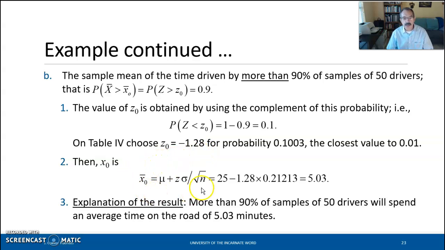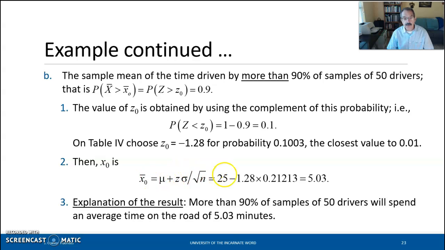Now we use this formula, the same procedure we did in chapter 6. The only difference is that to find the average, we use the population mean plus the z-value times the standard deviation, but now divided by the square root of n, because we're dealing with the sampling distribution of the mean.